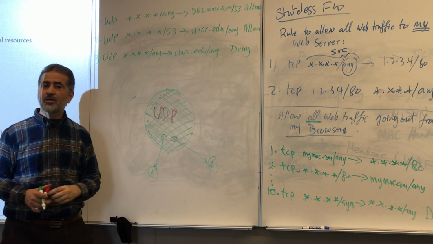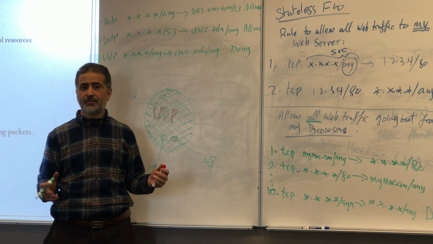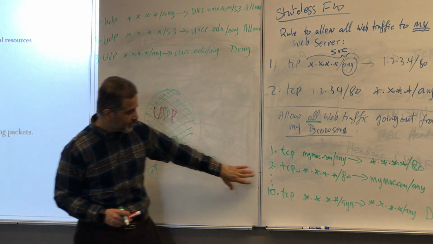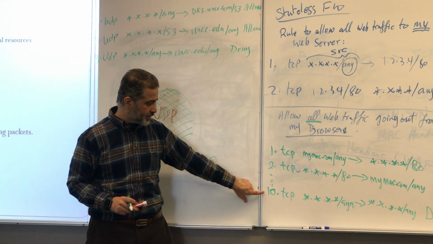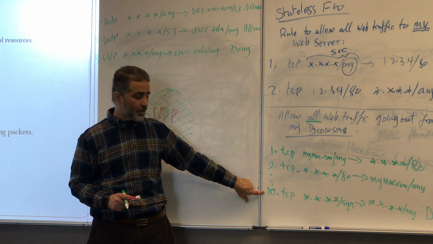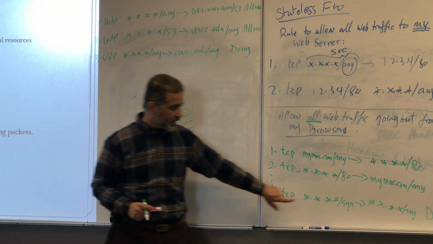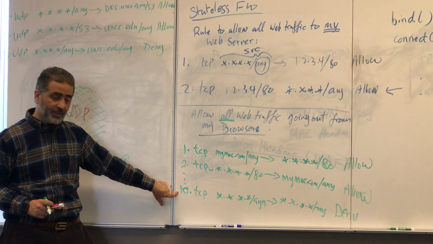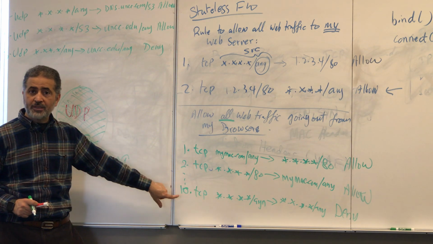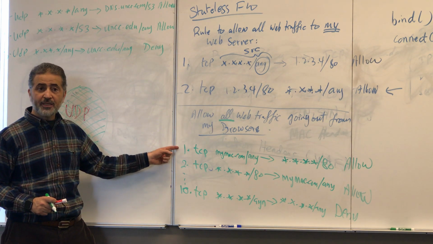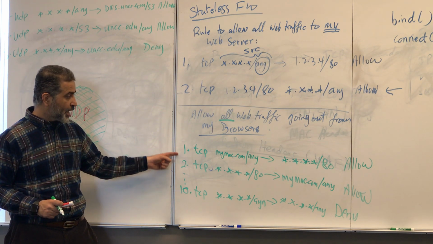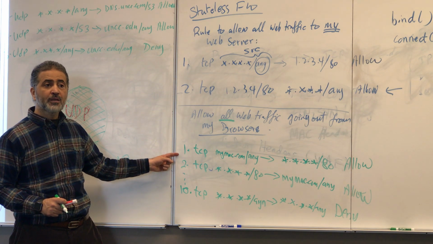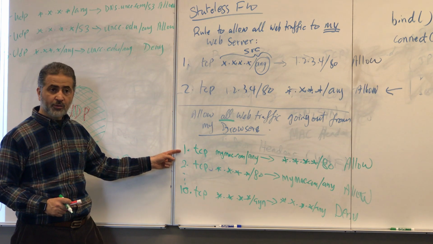Okay, let's do another example. There is an example where the base rule is number 10, where you deny all TCP traffic, but you made an exception to allow web traffic coming back and forth to your network in rules number 1 and 2.